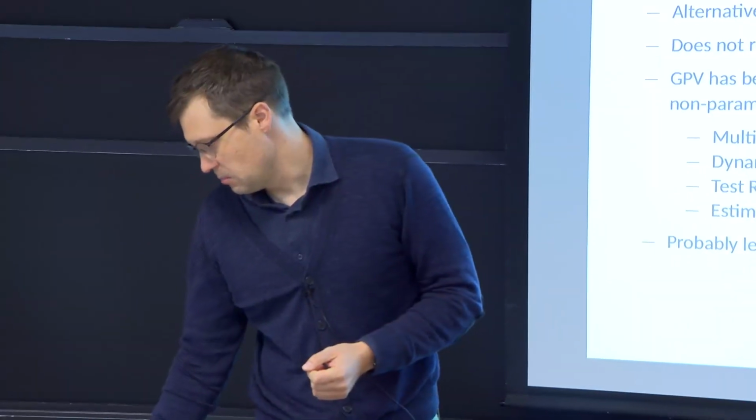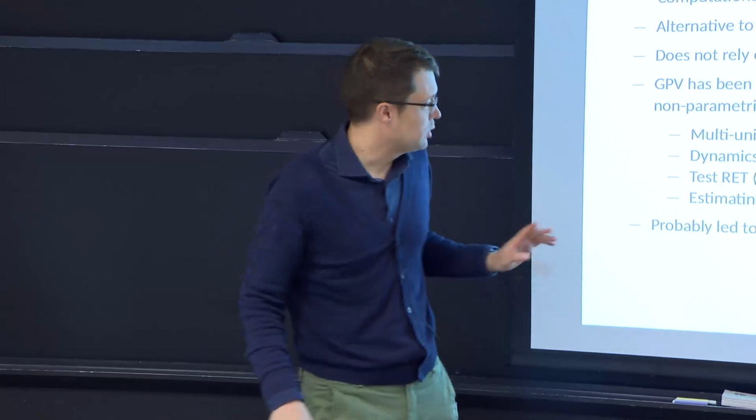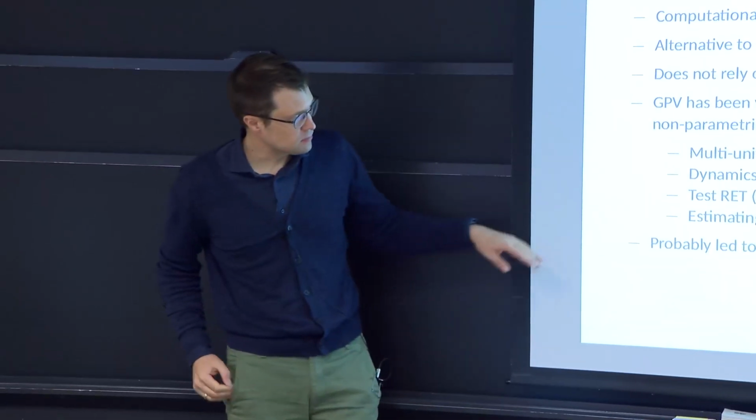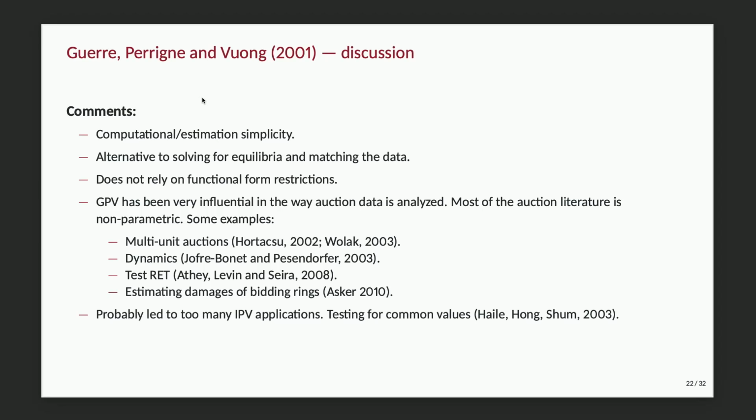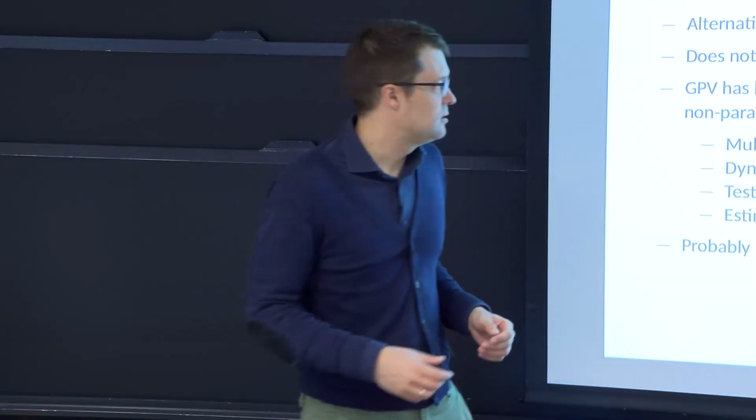So that's just something to keep in mind. Maybe one more comment on this. You may now wonder, if we believe there's an element of common values in many settings, why hasn't the literature done more in this direction?